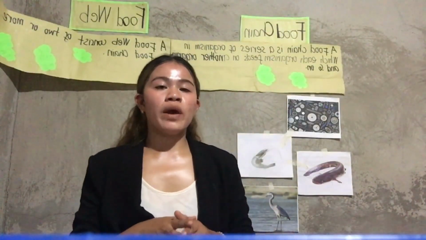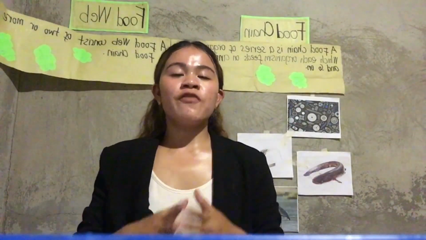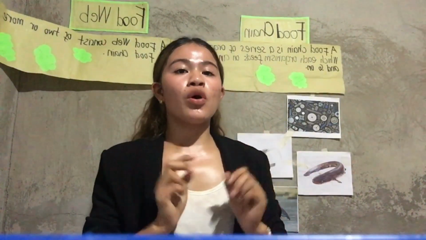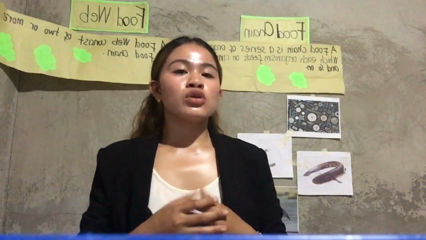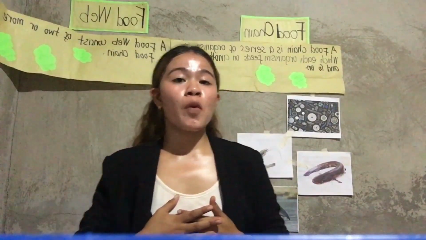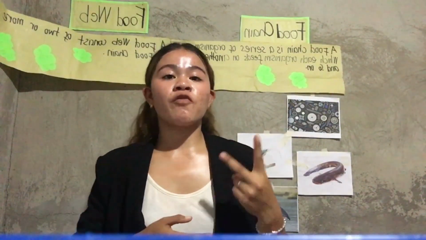Next is food web. When food chains are interlinked, they form a food web. So a food web consists of two or more food chains. So ang food web is nagcompose siya og two or more food chains.